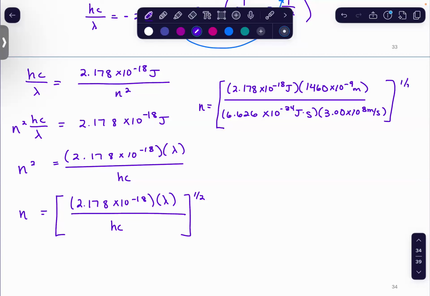And that whole thing is square rooted. Your value for n comes out to be 3.9996, which we round to n equals 4. Your electron was at the n equals 4 excited state before it was hit with a photon and removed completely from the atom.